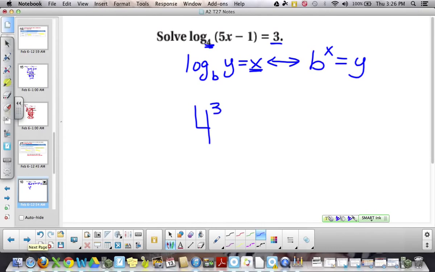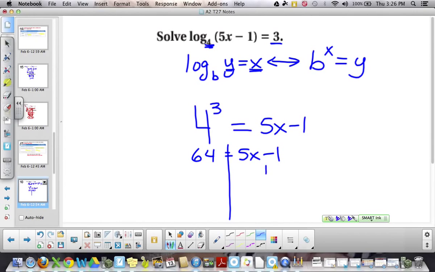So 4 to the third equals what we took the log of, so 5x minus 1. 4 to the third power is 64, so we have 64 equals 5x minus 1. Now it's just a linear equation that we can solve by adding 1 to both sides, get 65 equals 5x. Then divide both sides by 5, and we get x equals 13.